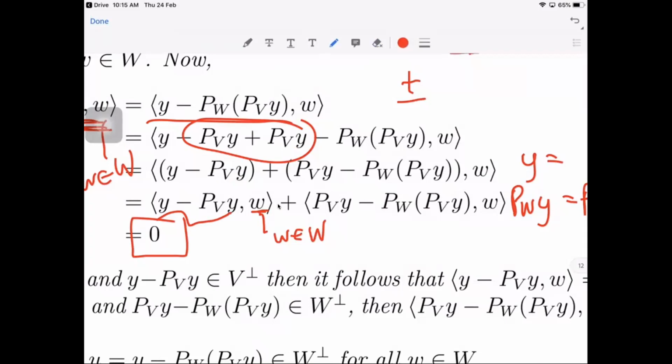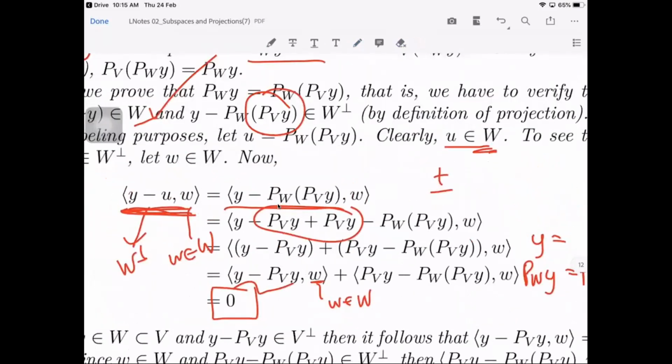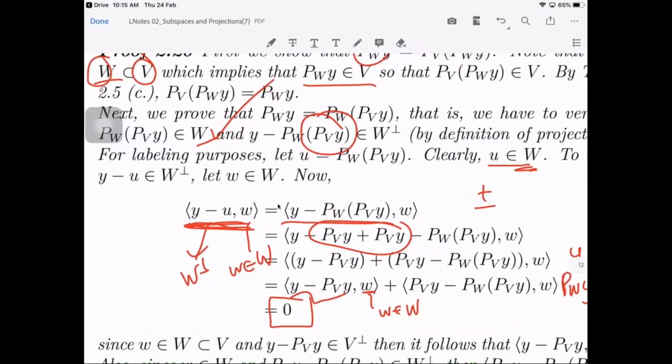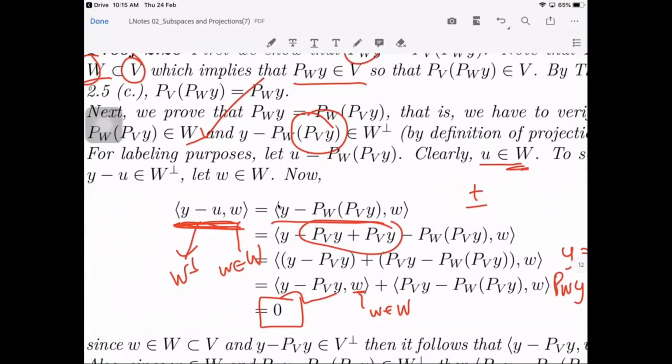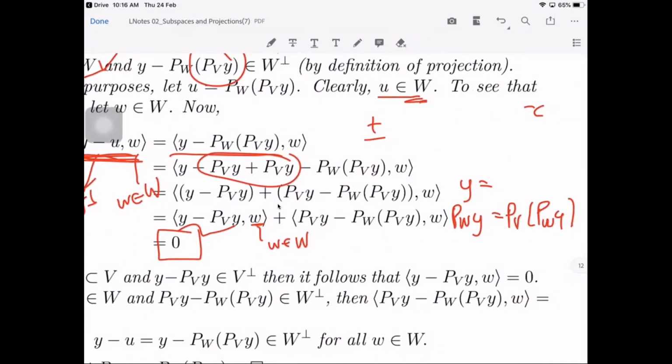Y minus the projection of Y unto V. Where is that? This is in W. Okay. Kini asa ni? Projection of Y unto V. Na siya sa V.